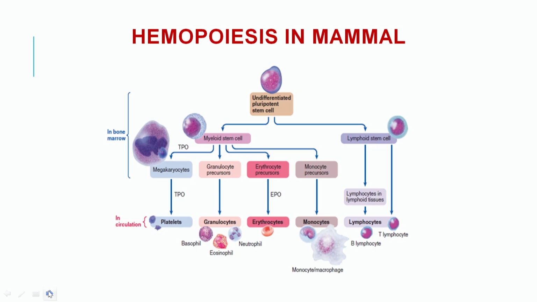This is the stem cell from which all the blood cells are formed. From the undifferentiated pluripotent stem cells, the myeloid stem cells are derived. The myeloid stem cells divide into the megakaryocytes.